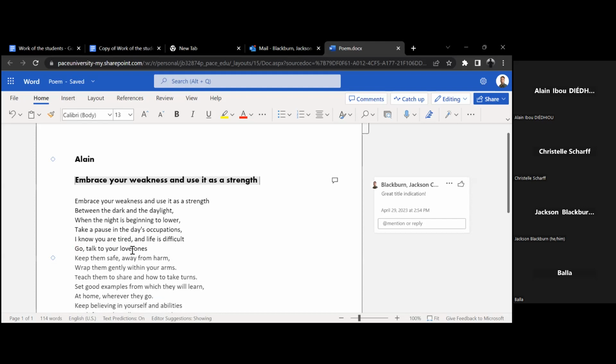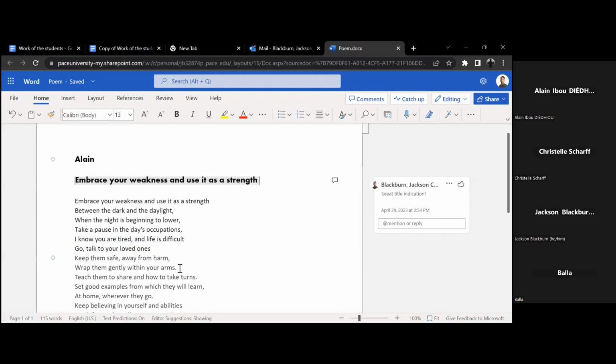Talk to your loved one. So you are doing the action of loving them. So it would be loved ones. Let's see what this says. And then you wouldn't put a hyphen there. So you go talk to your loved ones, keep them safe, away from harm, wrap them gently within your arms.